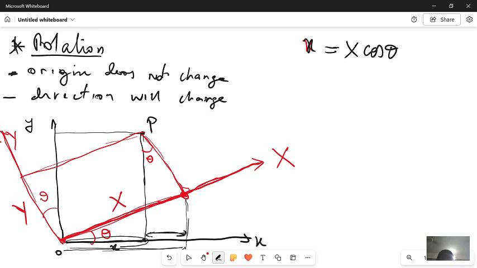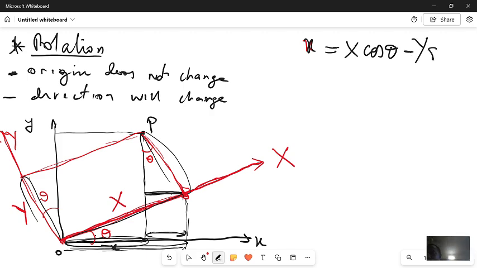If I need the small x, I take all from here to here, which is equal to X cos theta minus this value. This value is the same as this value. To find this value, it equals Y sine theta, because it is the opposite of the angle. So I will have x equal to X cos theta minus Y sine theta.